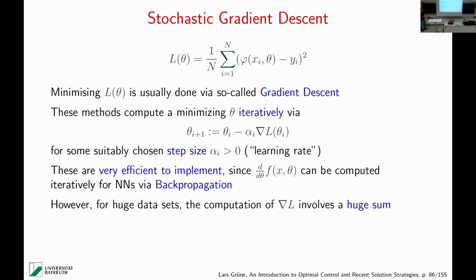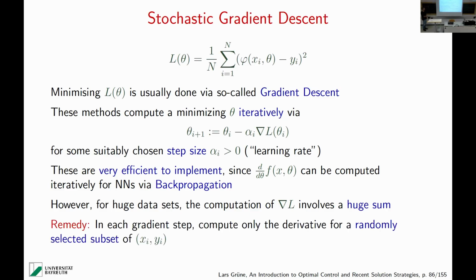The trouble is if we have huge data sets, so lots of x_i and y_i here, and this is what we usually have in deep learning, then the computation of this gradient involves a huge sum. This can take very long and can be very inefficient. And what people came up with is a really clever idea. In each gradient step, we pick randomly a subset of data points, much smaller than the overall amount of data points.